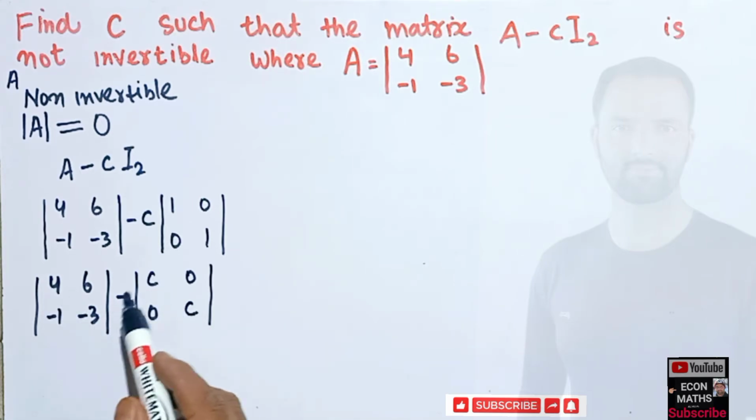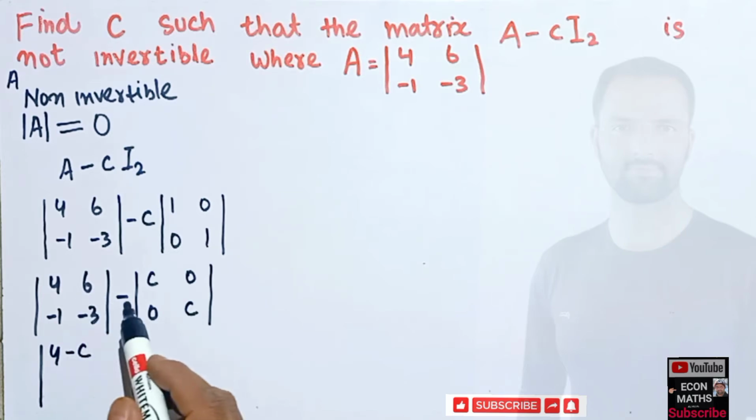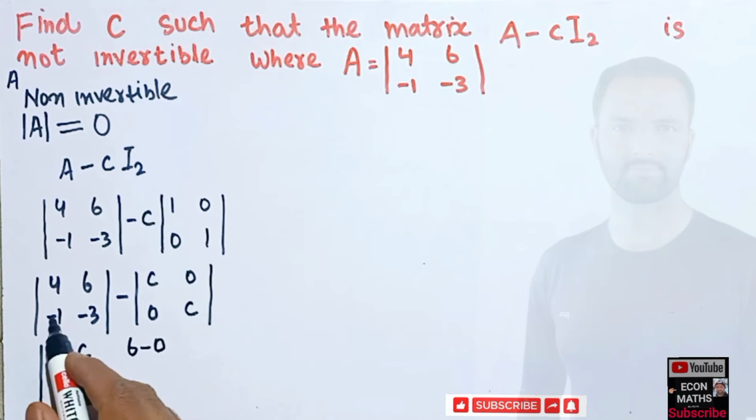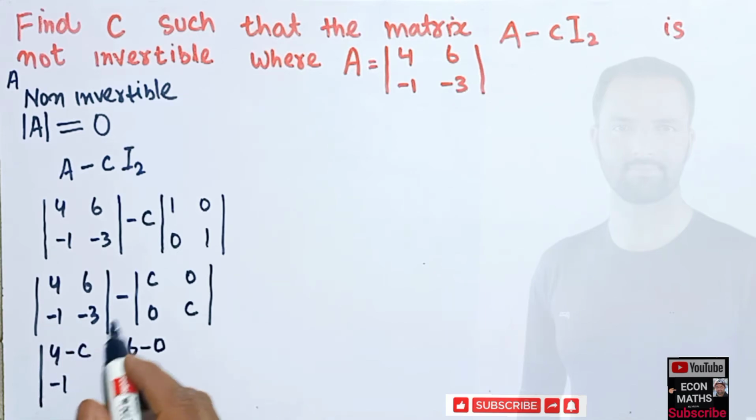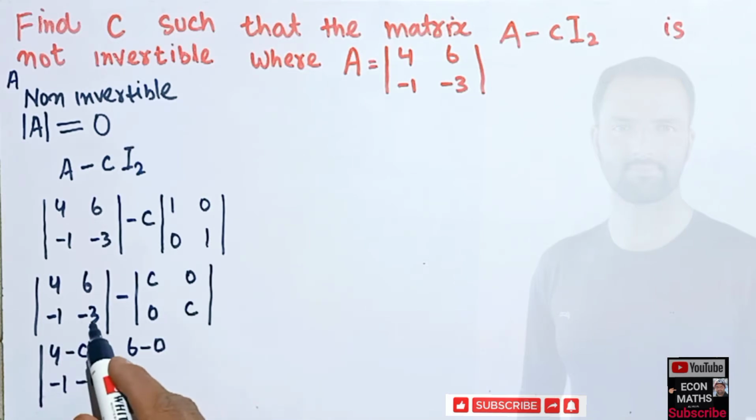So 4 minus C, I will write here we have 4 minus C. Then we have 6 minus 0, then we have minus 1 minus 0. We are just subtracting the corresponding elements.